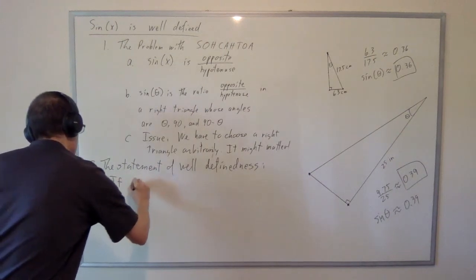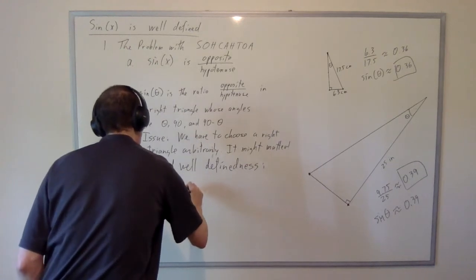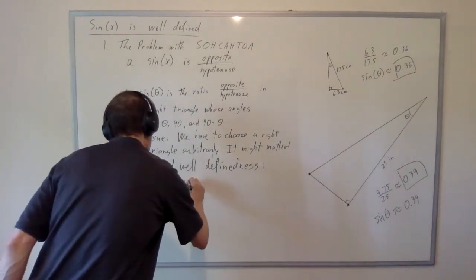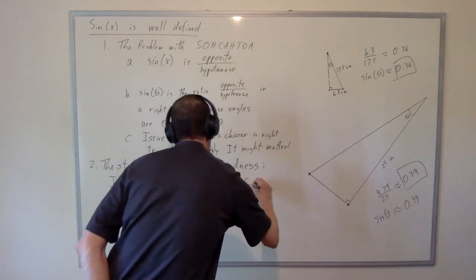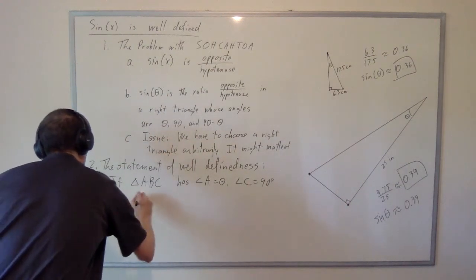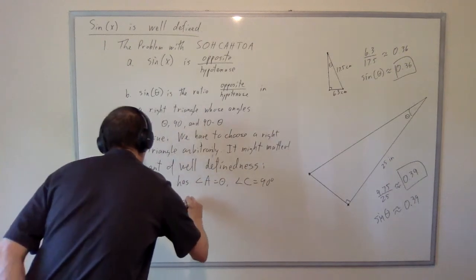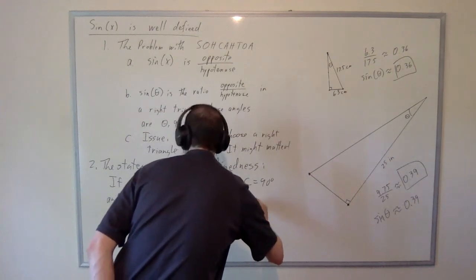So if triangle ABC has angle A equals theta and angle C equals 90 degrees, and triangle DEF has angle D equals theta and angle F equals 90 degrees.